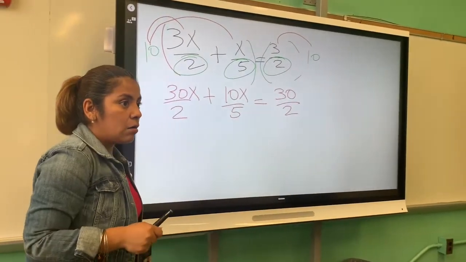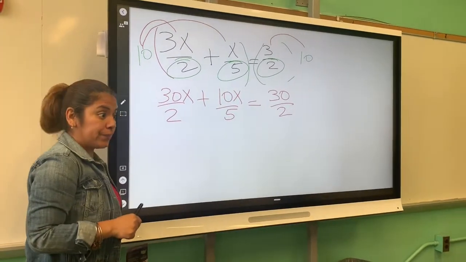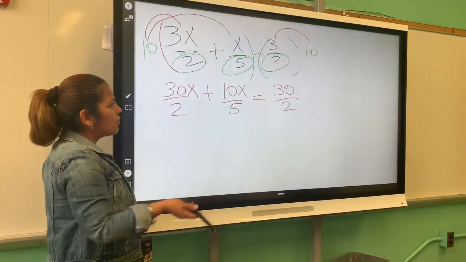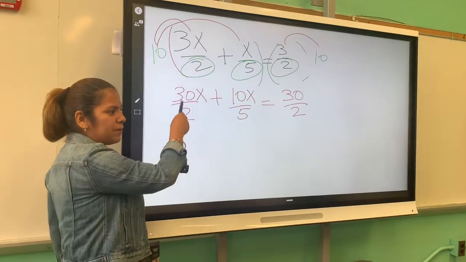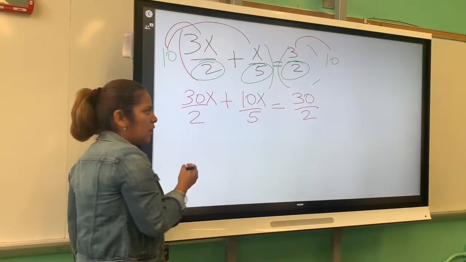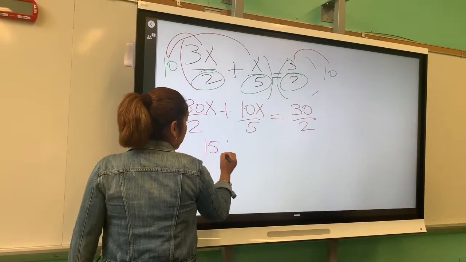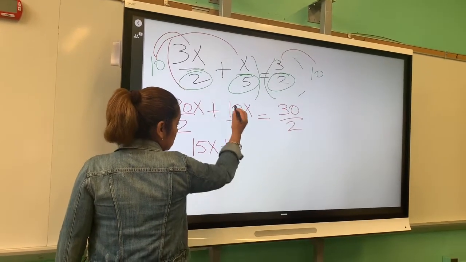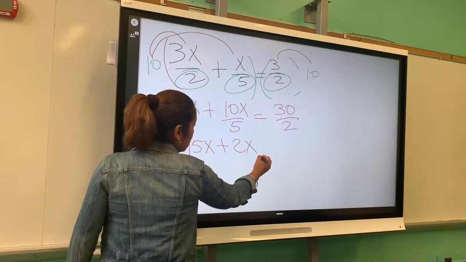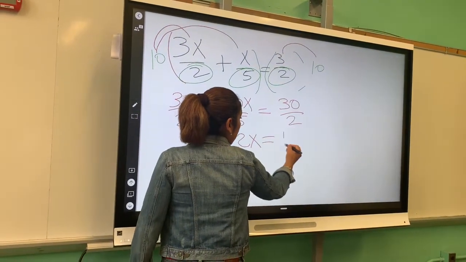From there, what should I do? Combine the like terms. Before combining my like terms, can I simplify this? Yes. What is this going to give me? 15x plus 2x equals to 15.